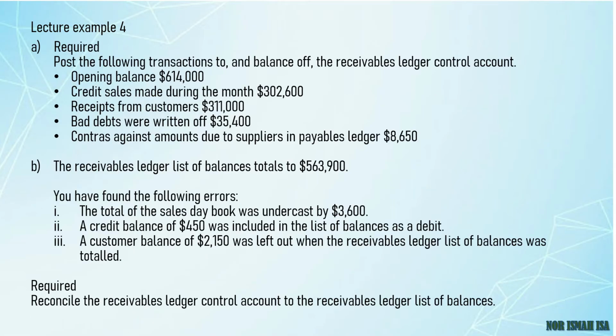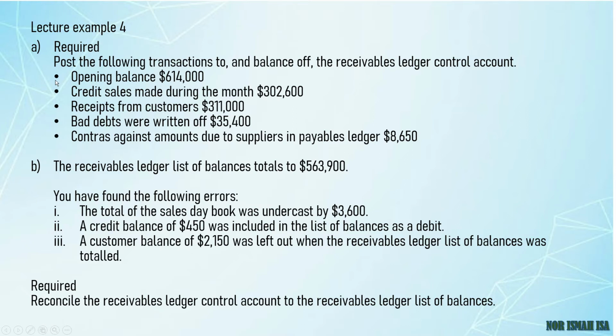Now let's go to lecture example 4. So we have this question. The question asks you to reconcile the receivable ledger control account to the receivable ledger list of balances. So we have two situations here.